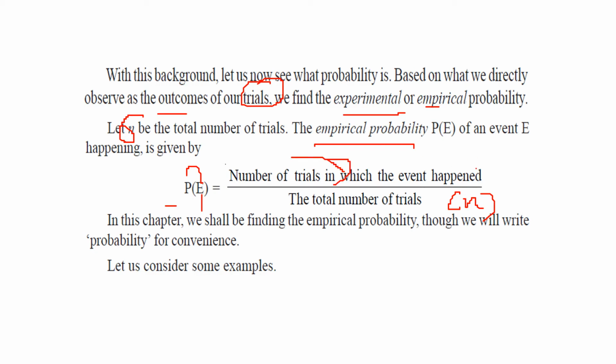Please understand, not the number of trials, but in number of trials. Say you did trials 10 times and that particular event occurred only 2 times, so it will be 2 over 10. So the number of trials in which the event happened you put here, and the total number of trials you put here, right?